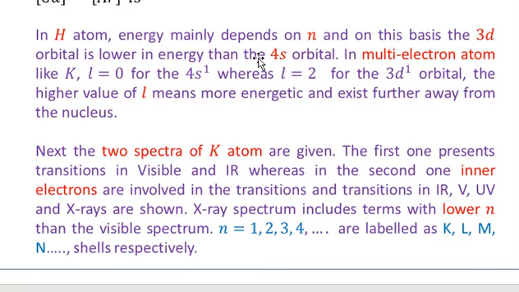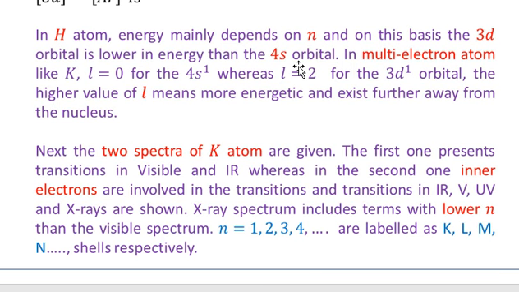In the hydrogen atom, energy mainly depends on n, the principal quantum number, and on this basis the 3d orbital is lower in energy than the 4s orbital. So in the hydrogen atom, the energy depends only on the principal quantum number n.